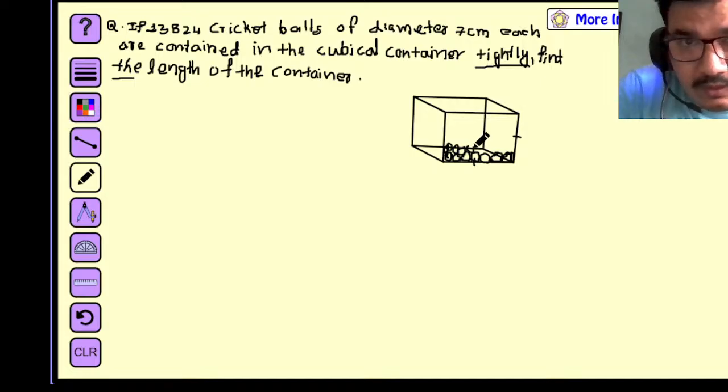These balls are kept so tightly here so that there is no gap between the cricket balls. They are kept so tightly that there will be no gap between these two cricket balls. In this cubical box, there are kept 13,824 cricket balls.